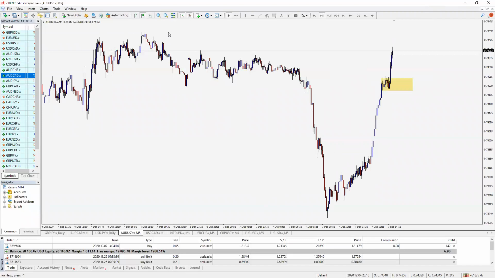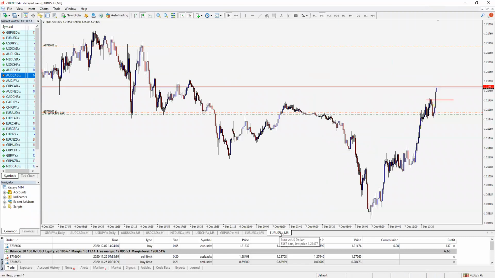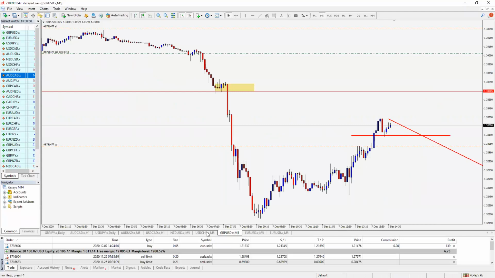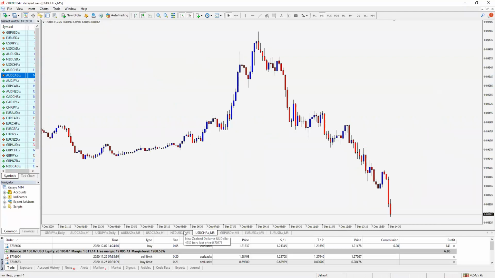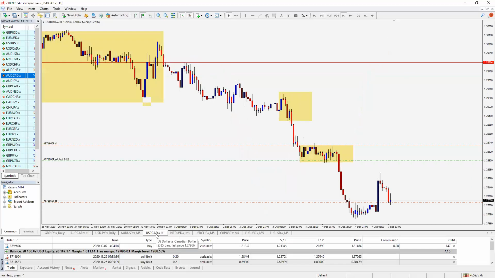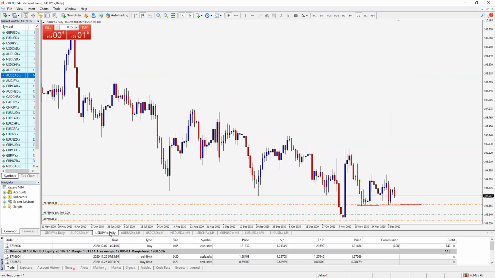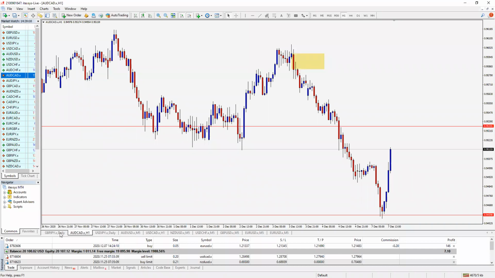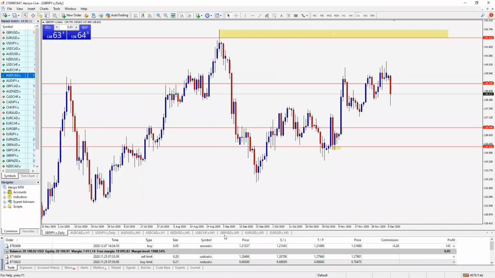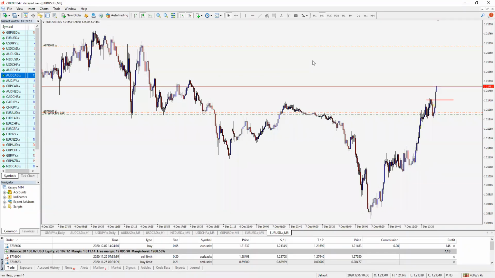And I'm not sure something here will hold that market, so you might just see a continuation of that movement. Yeah, I don't see anything else.